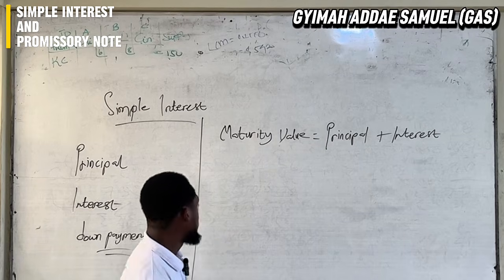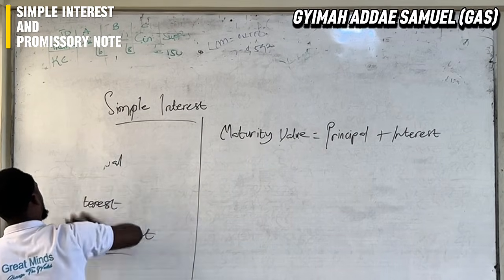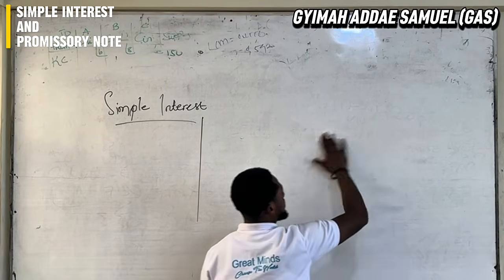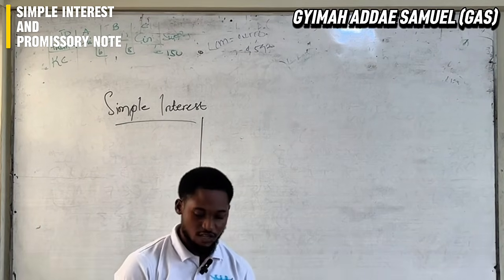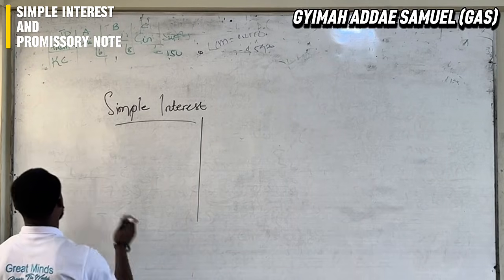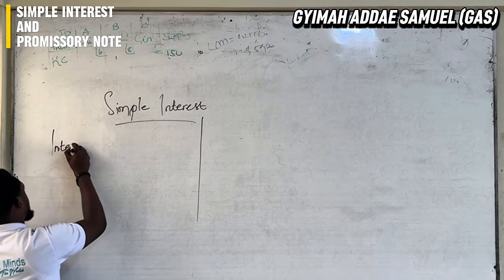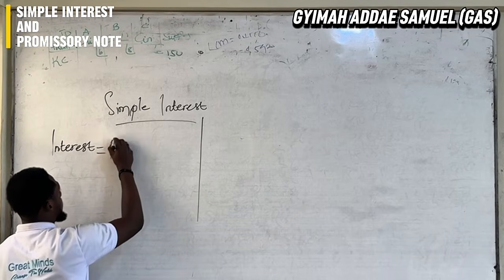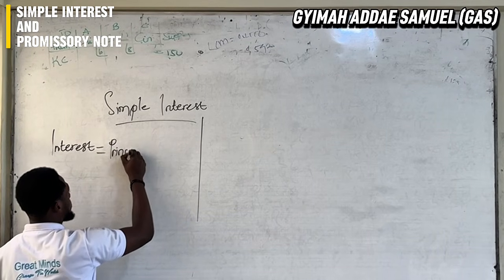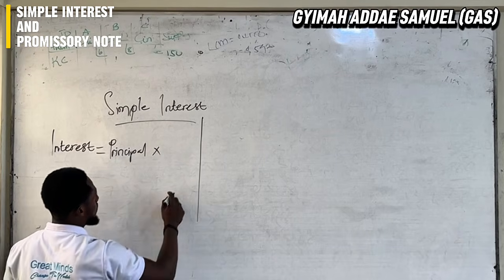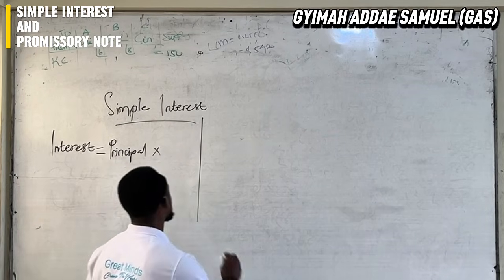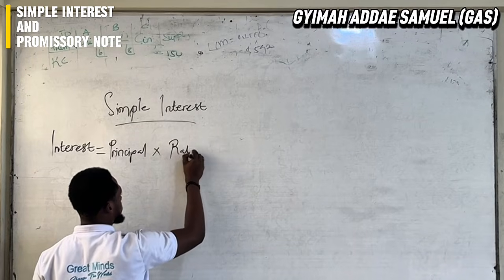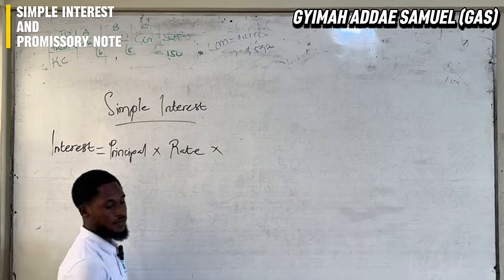So I'll be giving you formulas here, and you have to take note of them. When computing interest, we have our principal multiplied by our rate and multiplied by our time.